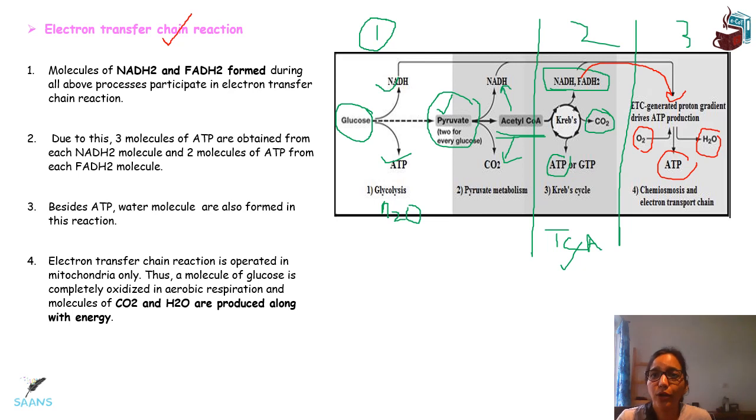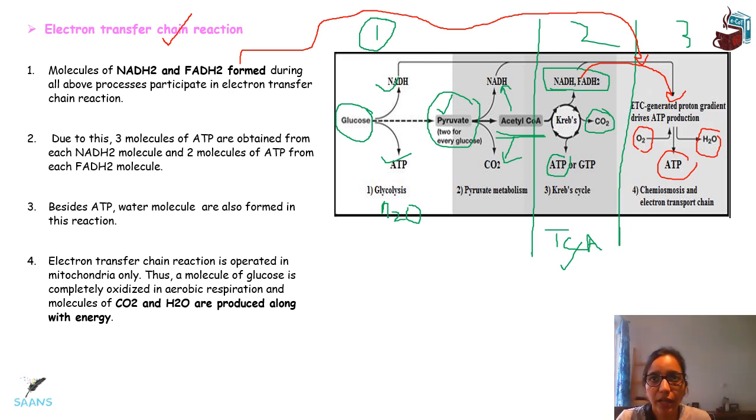Let's see what your chapter has to say about it. Molecules of NADH2 and FADH2 formed during all the above processes participate in electron transfer chain reaction.